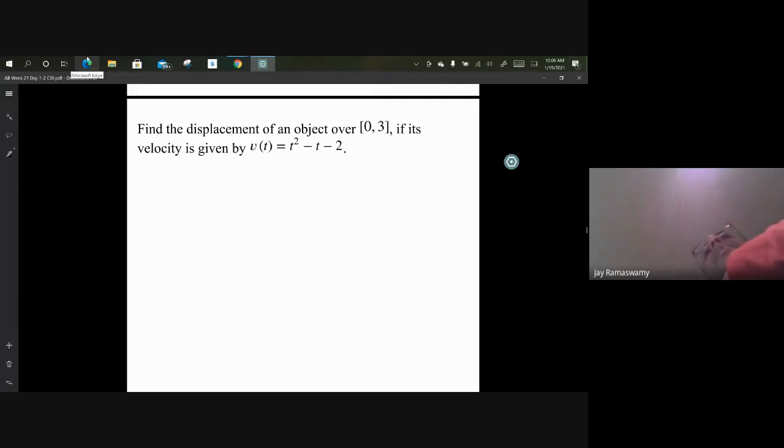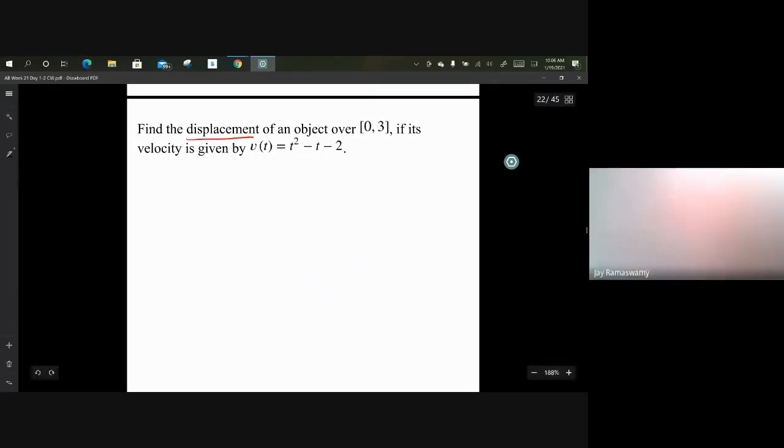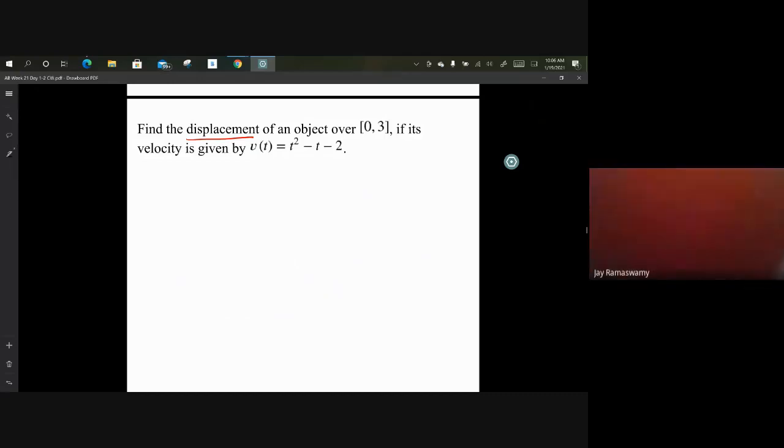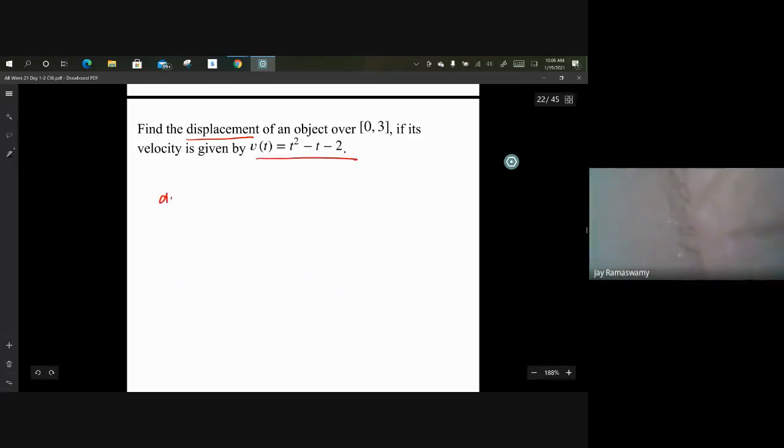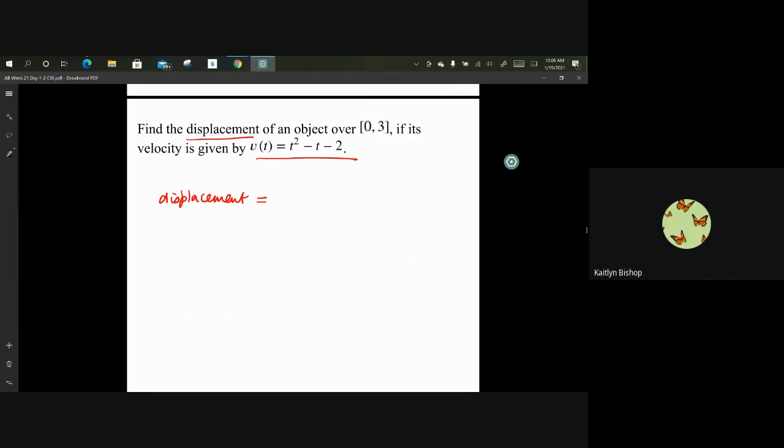But please study your formulas. You're not given formulas on your chapter test or on the AP exam. Okay, do not speak. Okay, what's the formula for displacement? Miss Carlos or Miss Vasquez? You can answer, one of you. S of 3 minus S of 0.